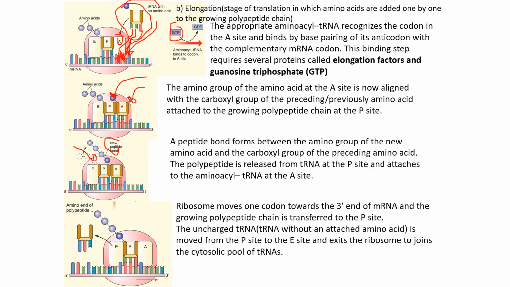Next, the ribosome moves one codon at a time towards the 3' end of the mRNA. You can see here, the ribosome moves one codon at one time. And when this happens, the growing polypeptide chain is transferred to the P site. So earlier it was on the A site, now it's transferred to the P site. Why is it transferred to the P site?